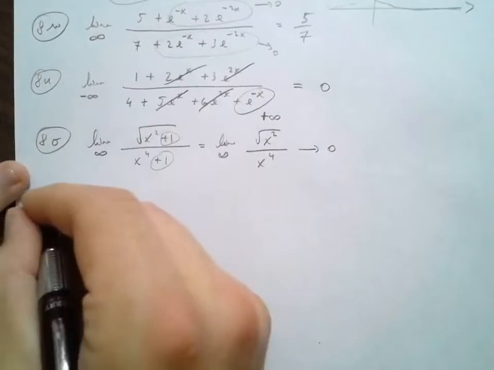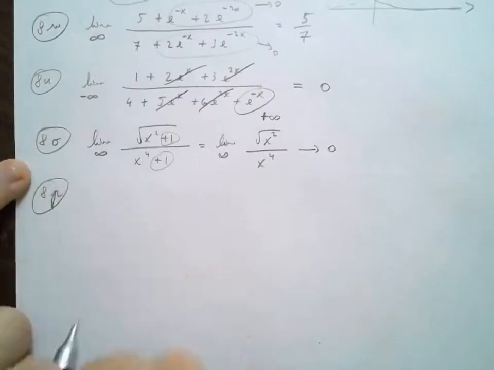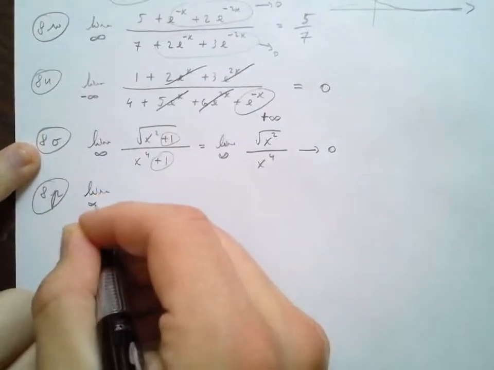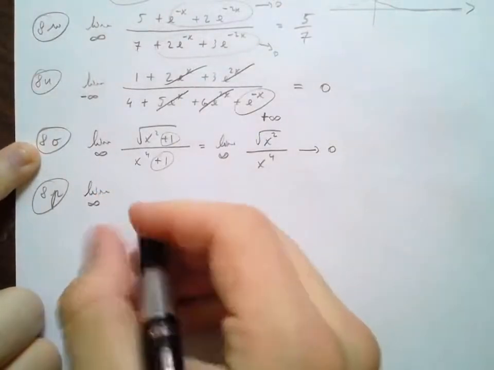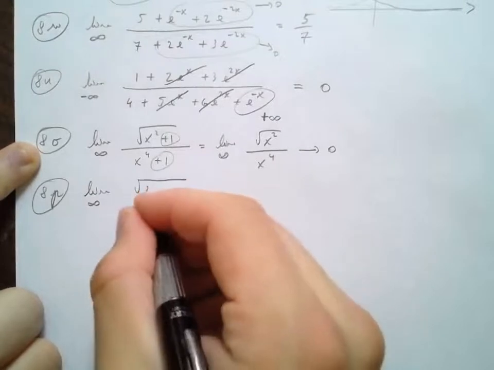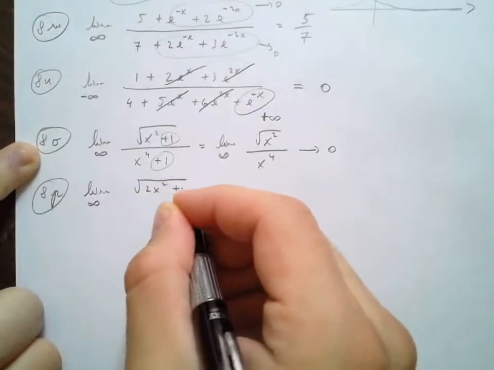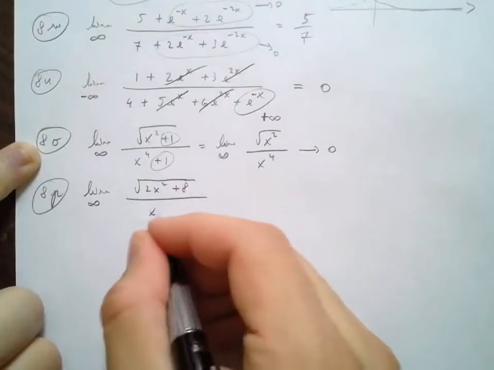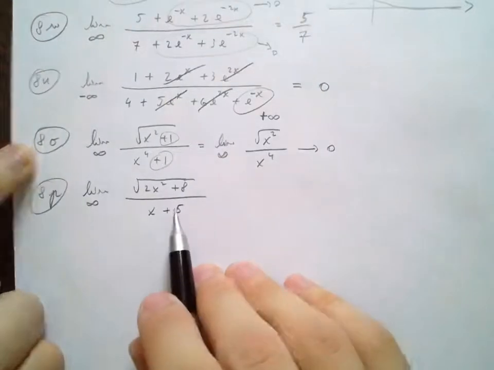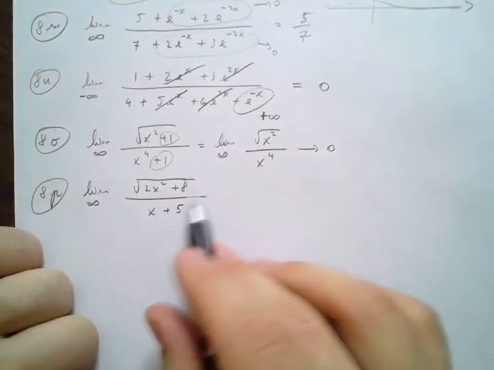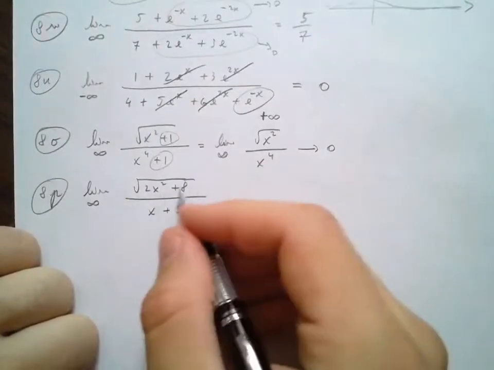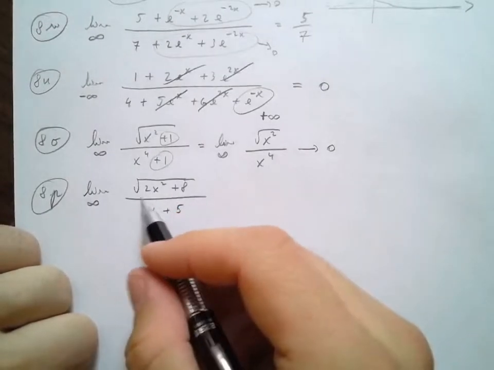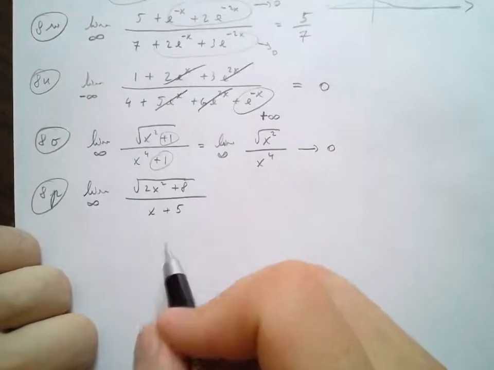Let's do 8p. This is the limit as x goes to infinity of the square root of 2x squared plus 8, divided by x plus 5. Now, the same thing is going to happen here. This 8 is not really going to matter very much. So on top, it's as if I had just the square root of 2x squared.